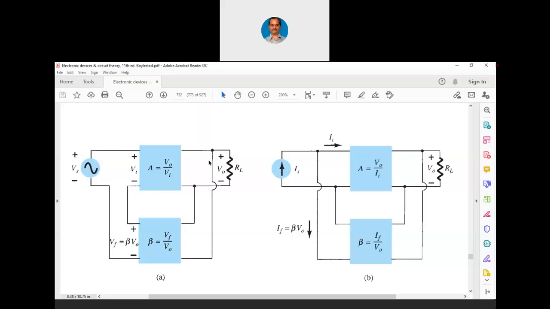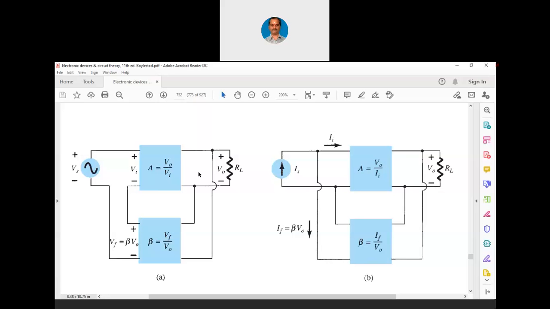So output voltage is taken back, given to the feedback network, and a small percentage of the output is available as Vf equals beta into Vo, where beta is less than unity, and then it is given in series to the input. You can see that the feedback voltage is given in series to the input.